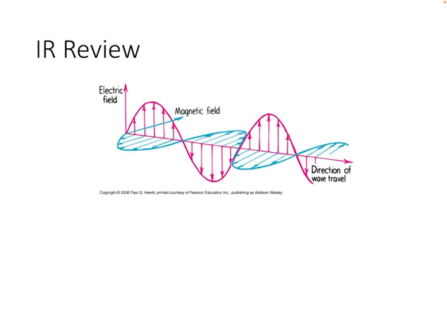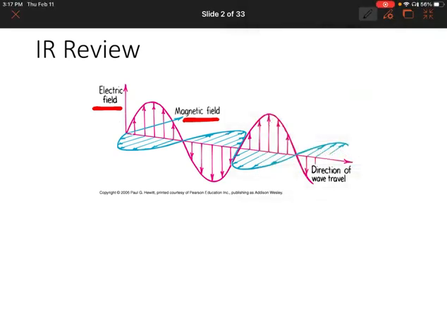So here we have a wave generated from an electric field, and then a wave generated from a magnetic field, and they're 90 degrees apart. So this is what makes up electromagnetic radiation. And again, we measure waves according to their wavelength, which is given the symbol lambda. And this is usually measured in meters, centimeters, or nanometers, depending on how big the wavelength is, or how small, I should say.